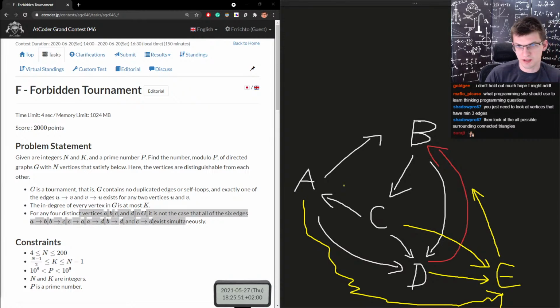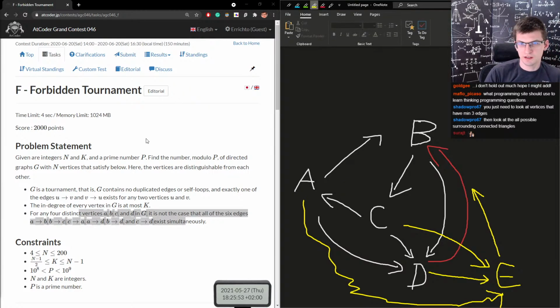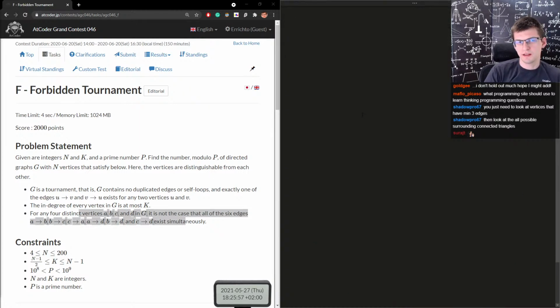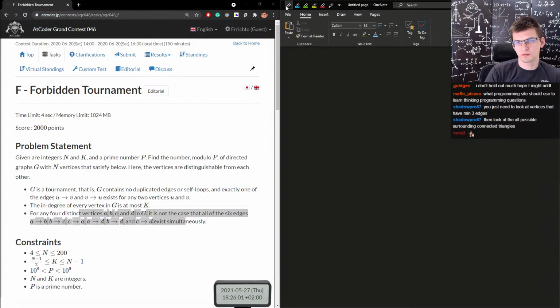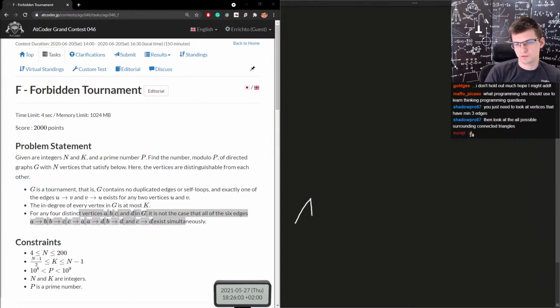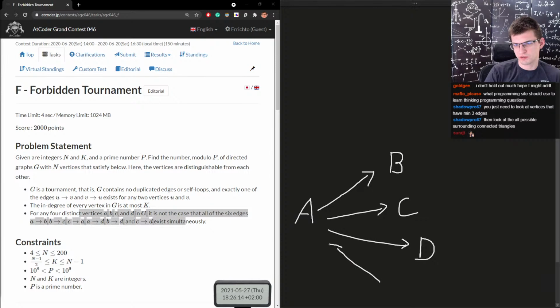That's one possibility. The other is that we focus on a full graph already. From A there are some edges. There are edges to B, to C, to D, and there are edges from some other vertices.